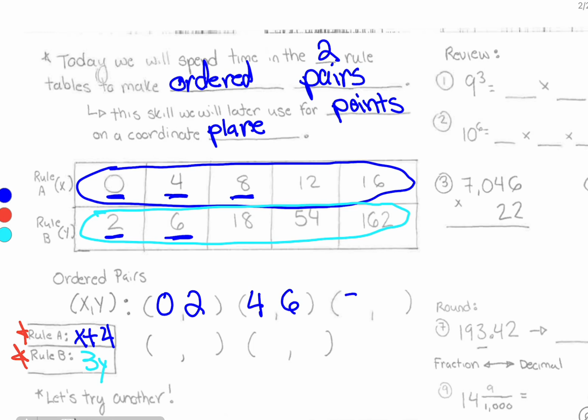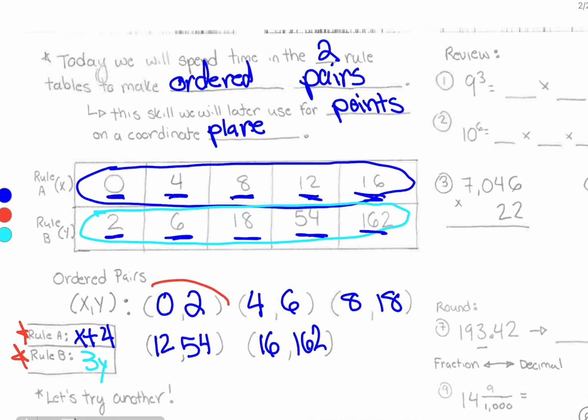My next one is 8 for my x and 18 for my y. 12 for my x, 54 for my y, and a big one, I don't have enough space for that, 16 for my x, and 162 for my y.